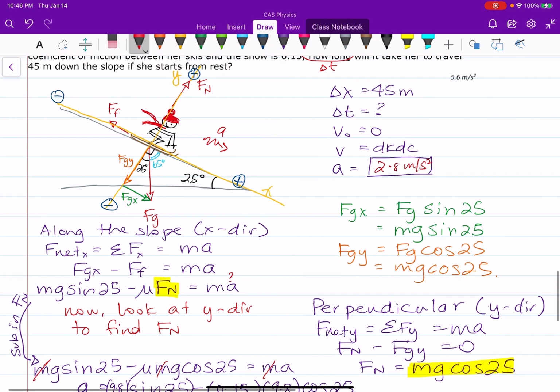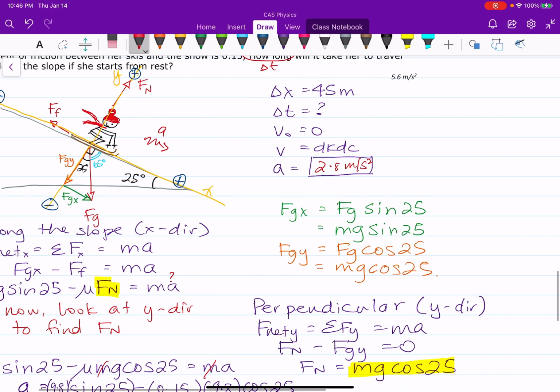And then we're trying to find time, but we don't have the final velocity. So we're going to use the equation delta x equals V0 delta t plus 1/2 a t squared. This will go to 0. We can plug in our 45, or let's rearrange the equation.